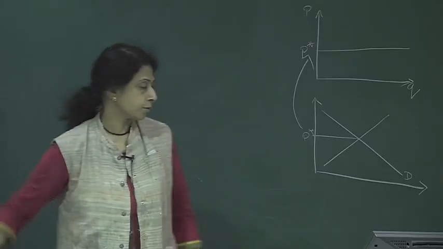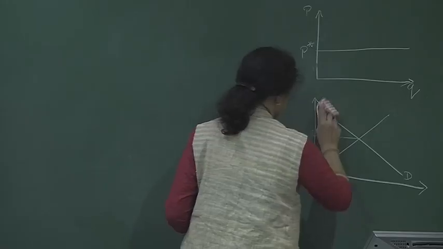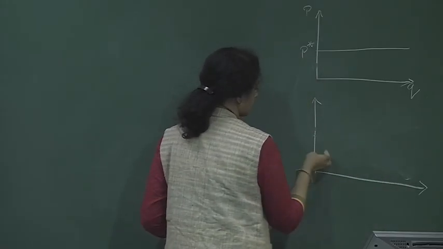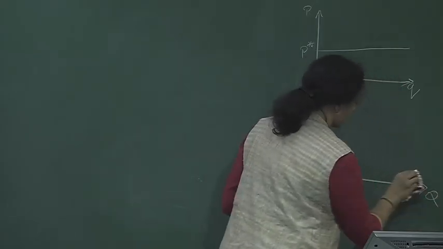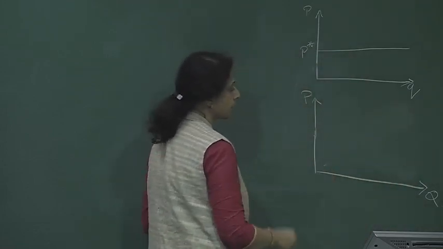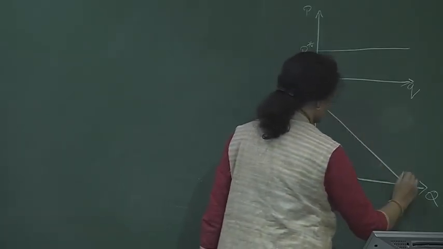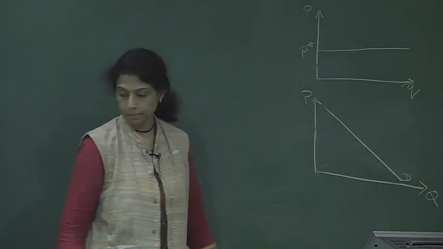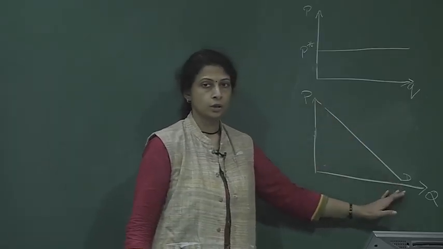But in the case of a monopolist, since he is the single supplier in the market, the single seller, he faces the market demand curve which is negatively sloping. He faces this demand curve, and he has to make a decision along it on where to produce.